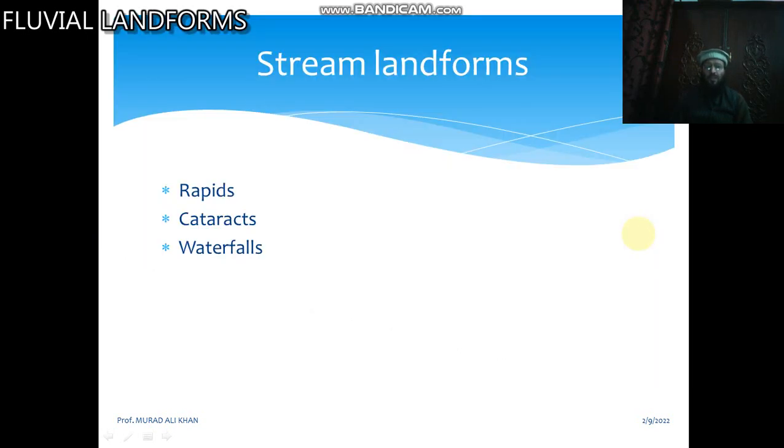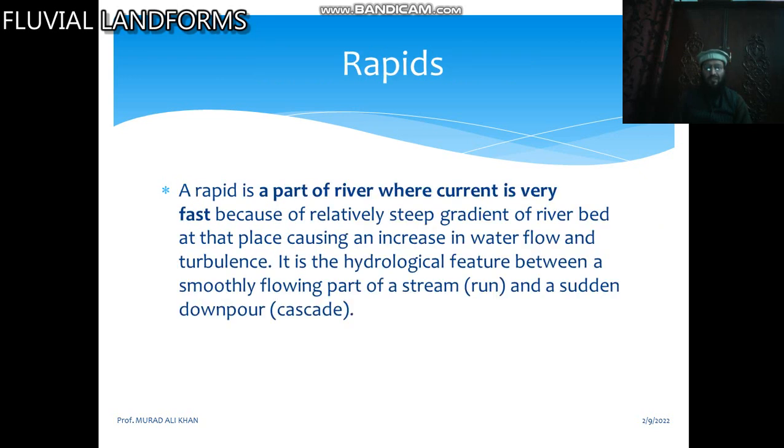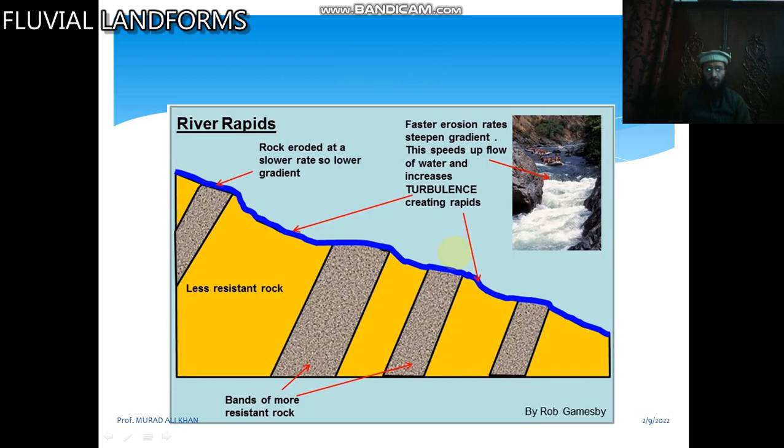Before the making of a river, the water flows in streams, and these streams also make certain landforms, which are as follows. The first one is rapids. A rapid is a part of the river channel which is like small waterfalls. For example, here you can see that these are resistant rocks, and these are less resistant rocks.